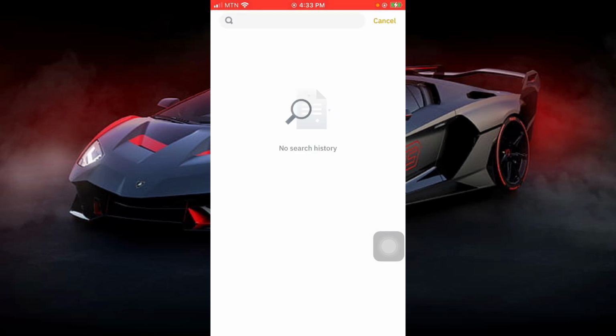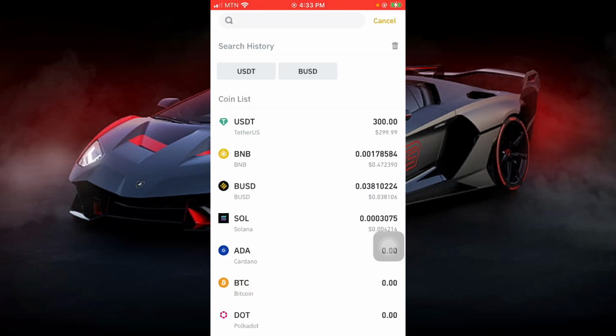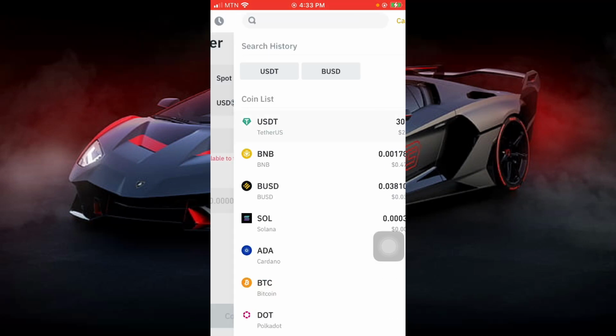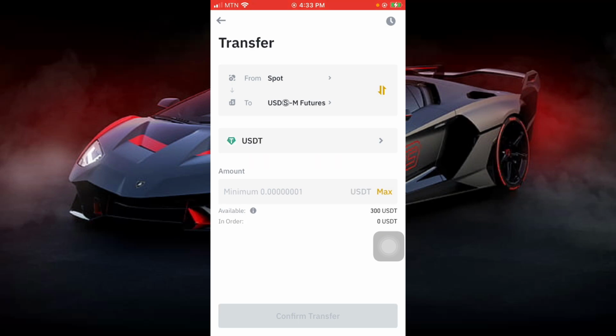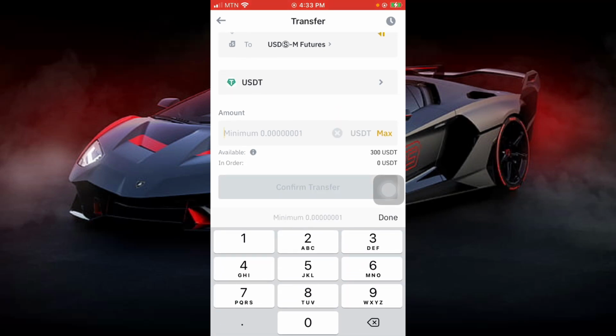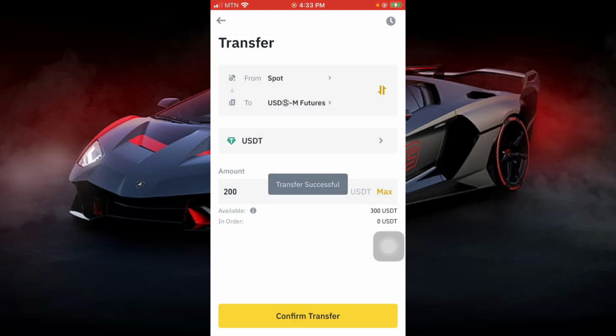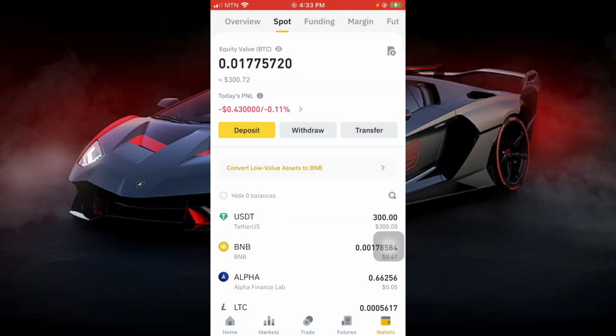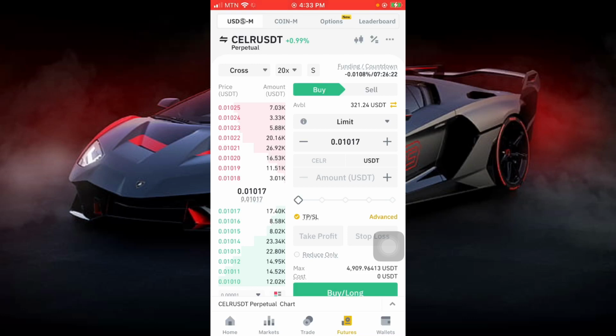Now you are going to select USDT and you enter the amount. So let's say we want to transfer $200. So we transfer $200 here. Then we go back. Then we click futures just below. Now you see I have 321 USDT, just below the buy and sell on our futures dashboard.